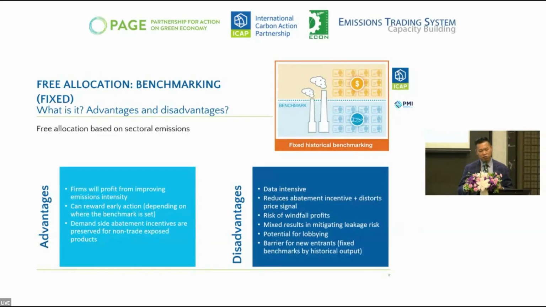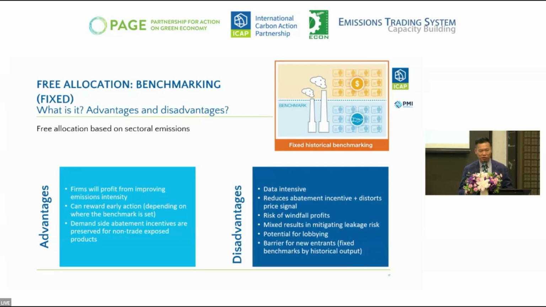so it's also free allocation, so it also reduces the payment incentive. It also has the risk of windfall profit, and it has mixed results in mitigating leakage risk.